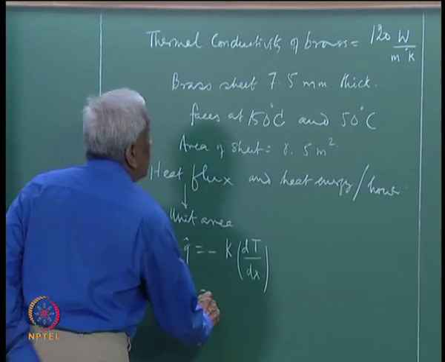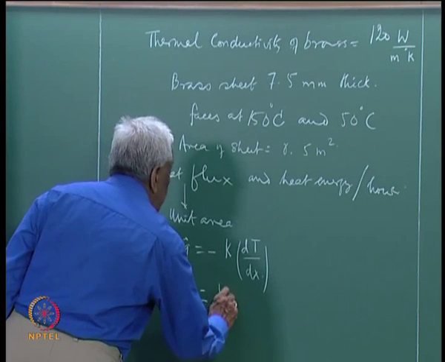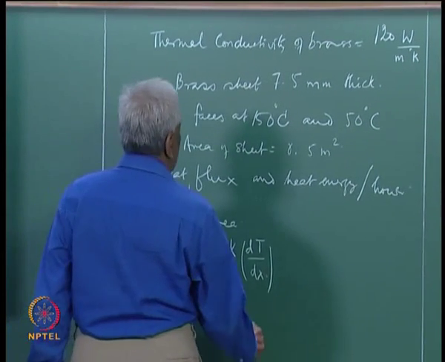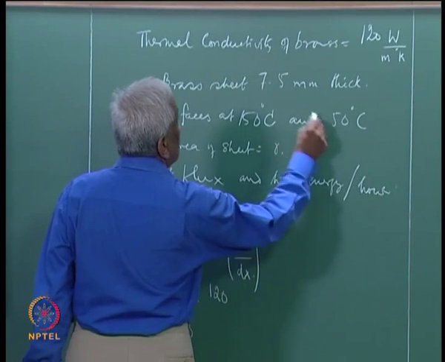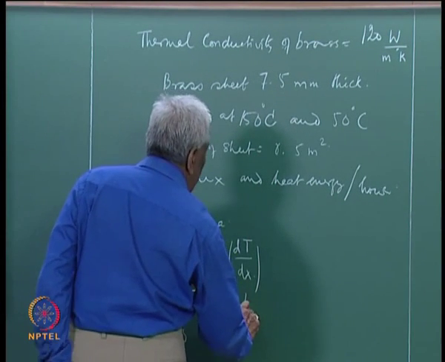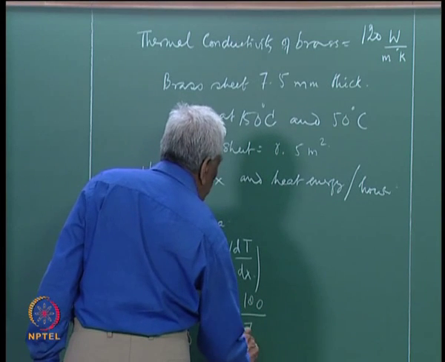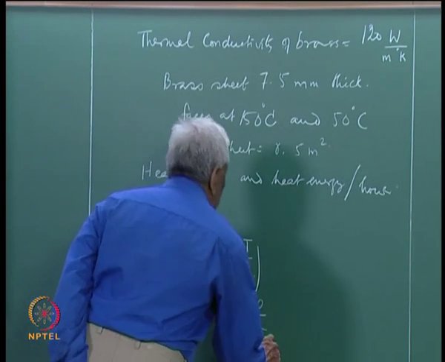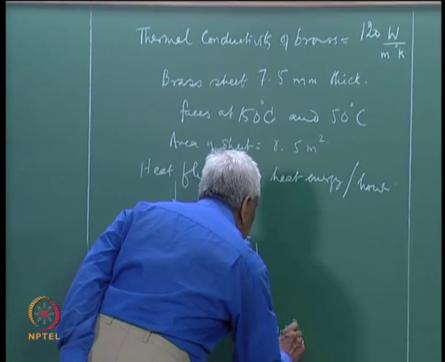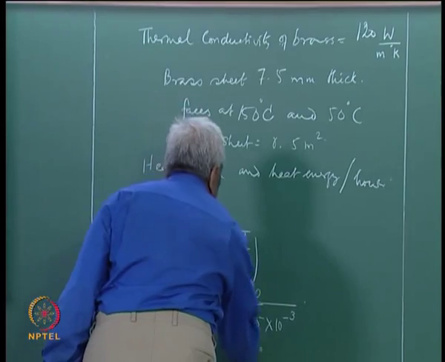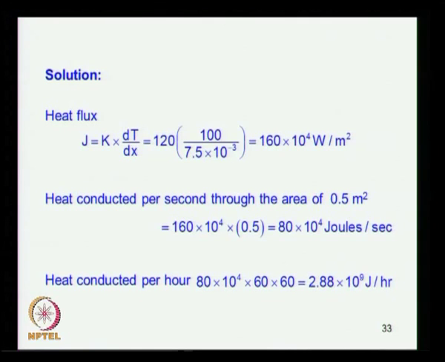So, we are given that we have the thermal conductivity, which is 120, and then dT by dx across 7.5 millimeter, we have a gradient of 100, so into 10 to the power minus 3. That would work out to be 80 into 10 to the power 4 joule per second.